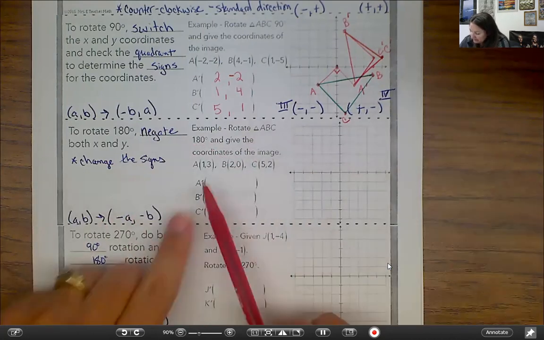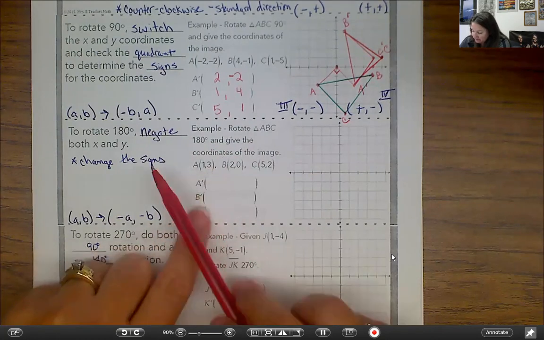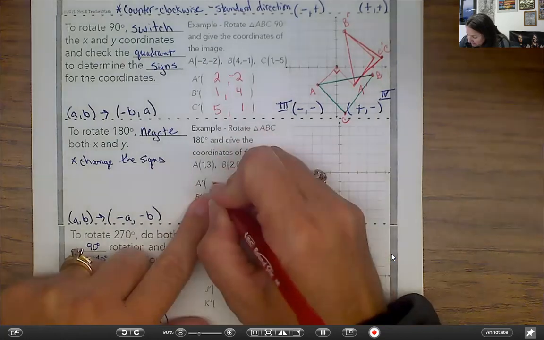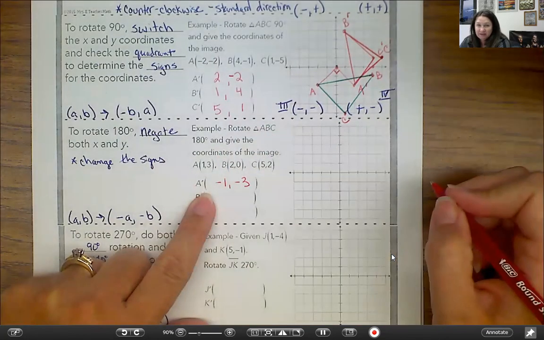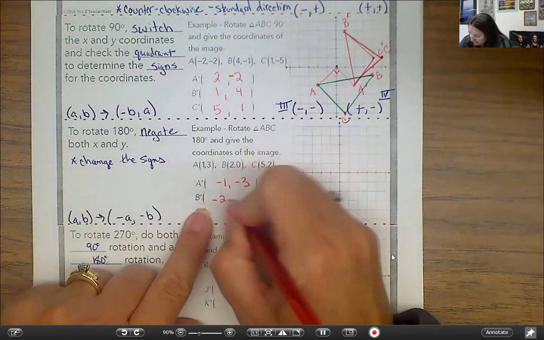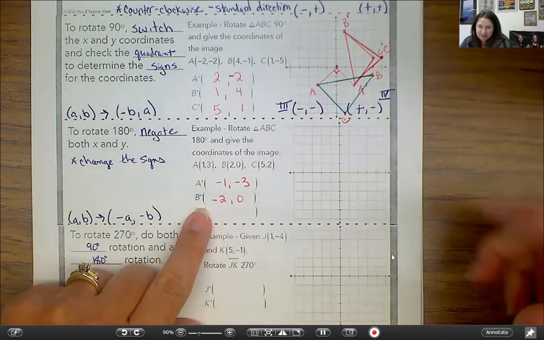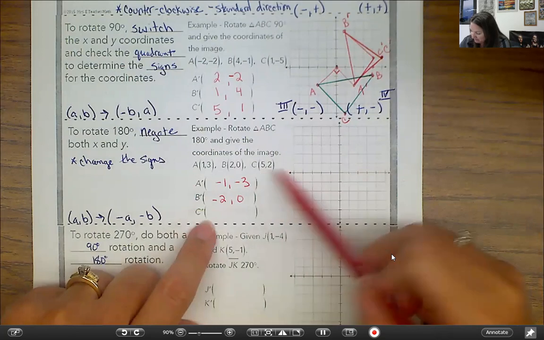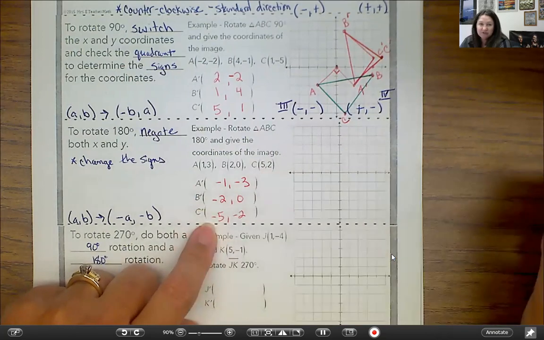In this case, if A was at 1, 3, then A prime would be at -1, -3. If B was at 2, 0, B prime will be at -2, 0. There's no negative for 0, it just stays 0. And if C was at 5, 2, it will become -5, -2.